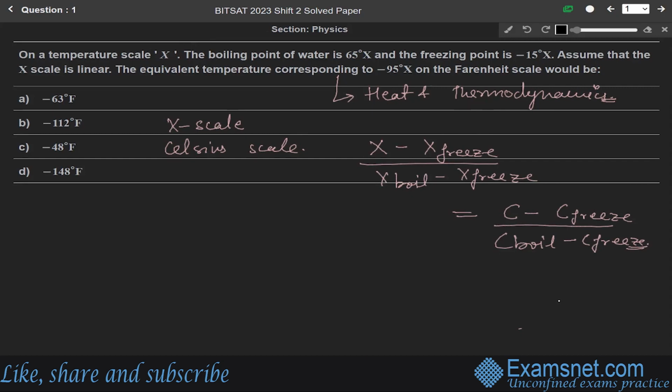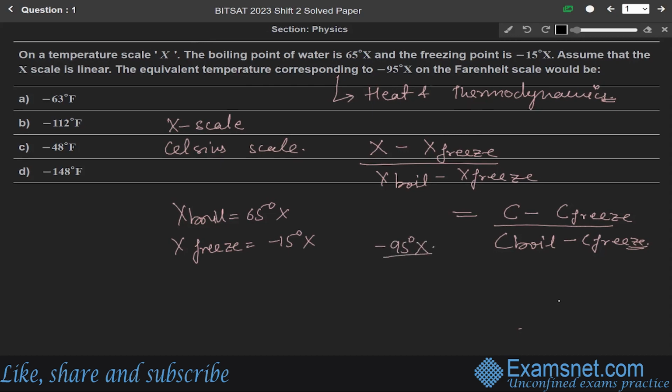X boil is given as 65 degree X, and X freeze is given as minus 15 degree X. The temperature on the X scale is given as minus 95 degree X.